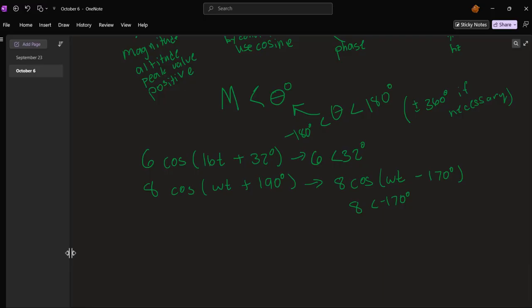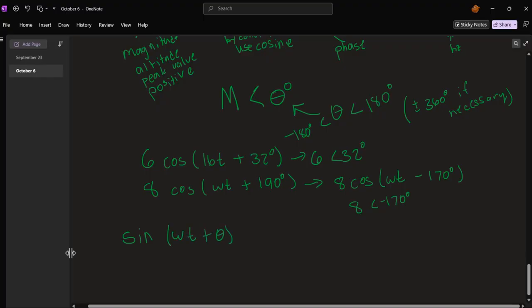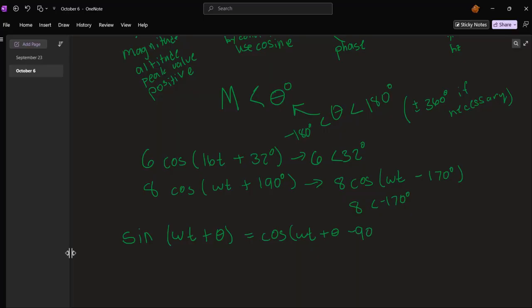So if we have sine, we have the identity that sine omega t plus theta equals cosine omega t plus theta minus 90 degrees. So if you're given a sine, you turn it into a cosine by subtracting 90 degrees.